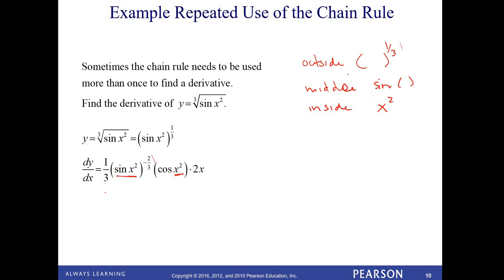So 3 parts. The first is to take the derivative of the power, 1/3, don't touch anything inside, raised to the negative 2/3. Multiply that by the derivative of sine, which is cos, but don't change the x squared, and then finally the derivative of the x squared. They just brought the 2x out front, combined it with the 1/3 to make things a little bit cleaner.